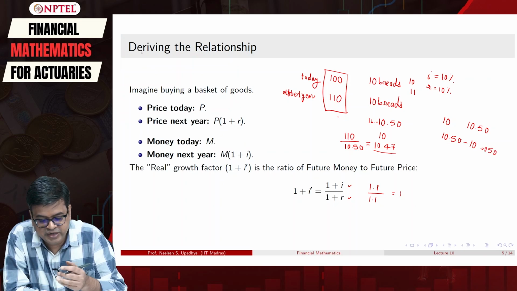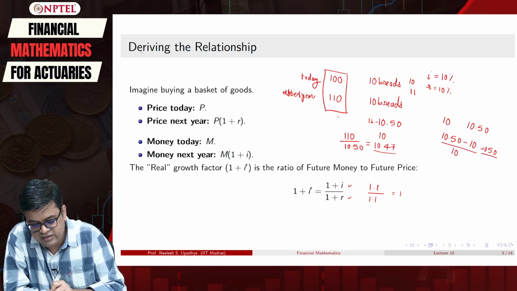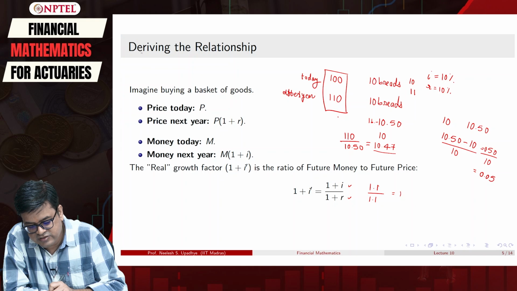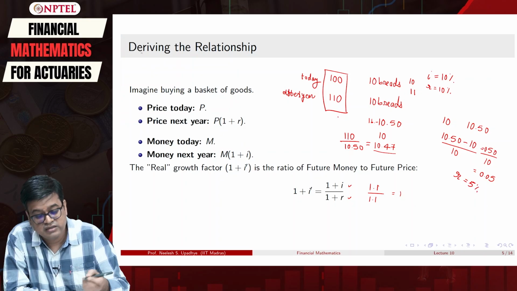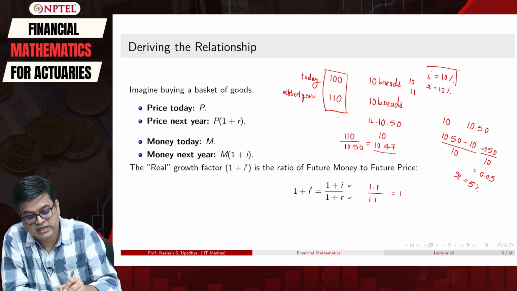In that period 50 paise have accrued and I will divide this by 10. So this rate actually turns out to be 0.05. So R that I am looking at becomes 5%. The interest accrued remains 10%.